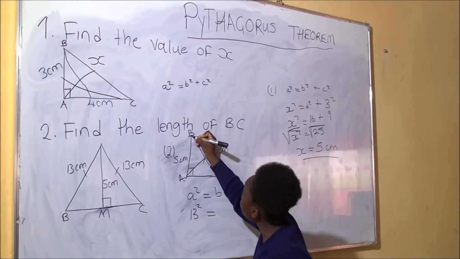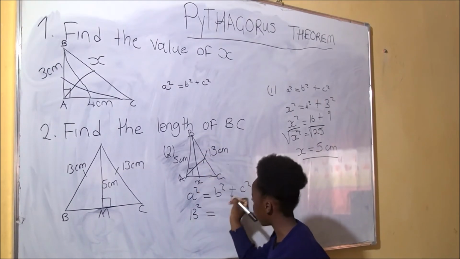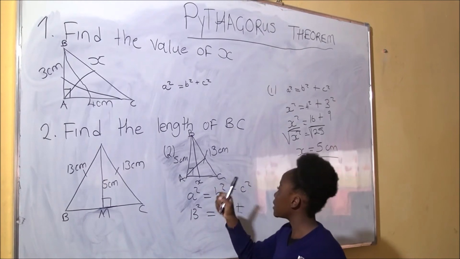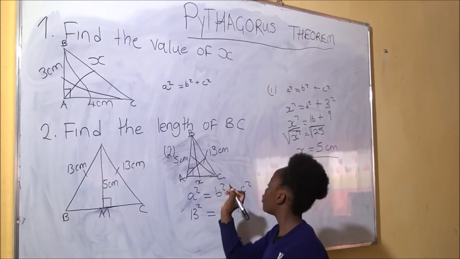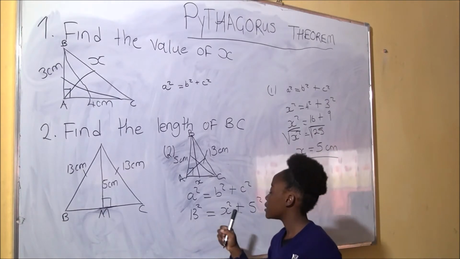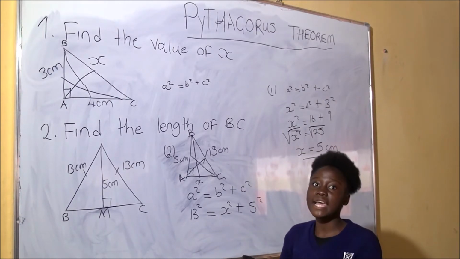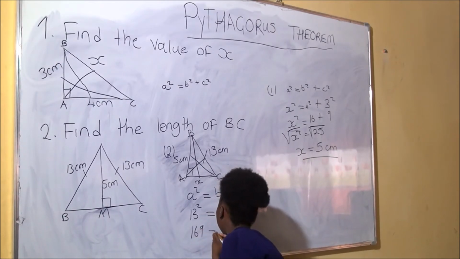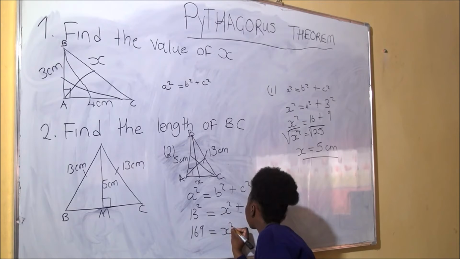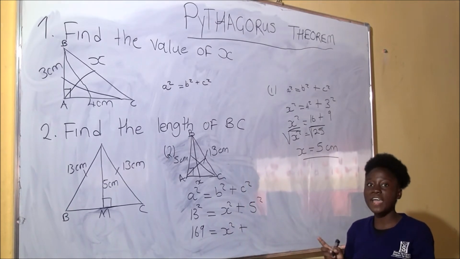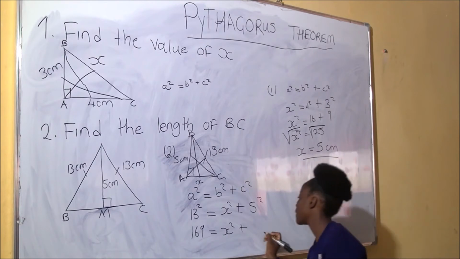The opposite side of b is this one, which represents x, which will be x squared plus. The opposite side of c is 5, which will be 5 squared. 13 squared means 13 times 13, which will give us 169. 169 equals x squared plus 5 power 2 means 5 times 5, which will give us 25.